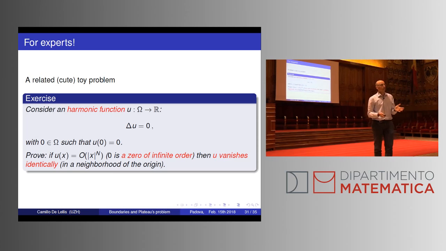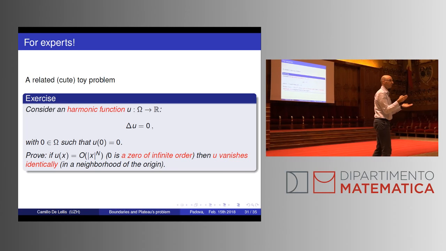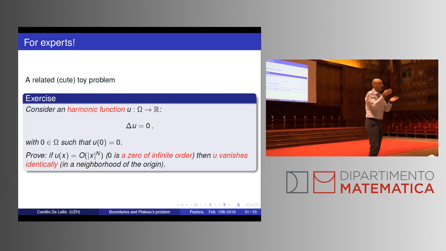And of course, a good student would solve it immediately. A good student would tell you that the harmonic function is real analytic. If it is real analytic in a neighborhood of 0, it has a power series expansion. If the power series has one non-trivial polynomial, then it's vanishing only at that order.